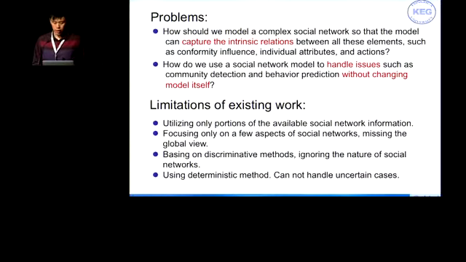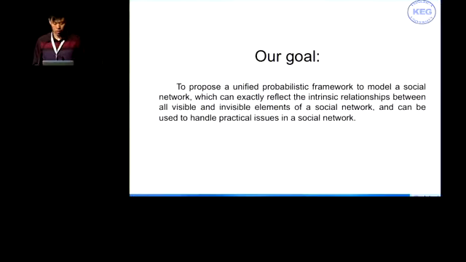Secondly, some works focus on a few aspects of the social network, missing a global view. And thirdly, some works are based on discriminative methods. They focus on improving the performance of a specific issue, such as community detection or information diffusion, without interpreting the nature of the social networks.